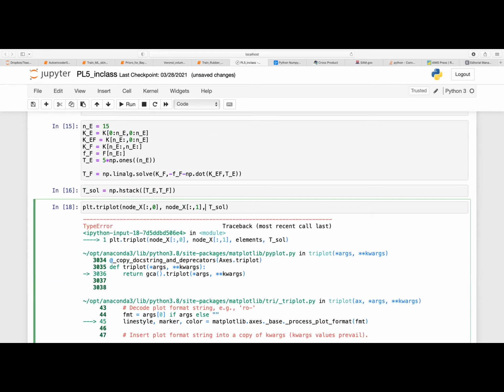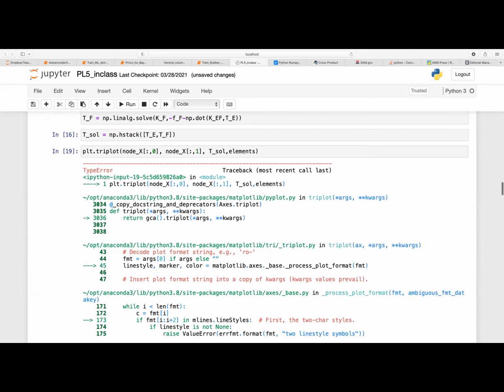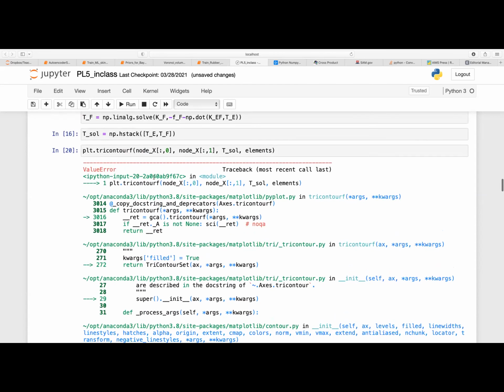I don't know how to set up the color here. Maybe I need tree contour. Well, we're out of time, but I'll just plot the solution. I just don't remember what is the correct argument here. Maybe I need tree contour. Nope.